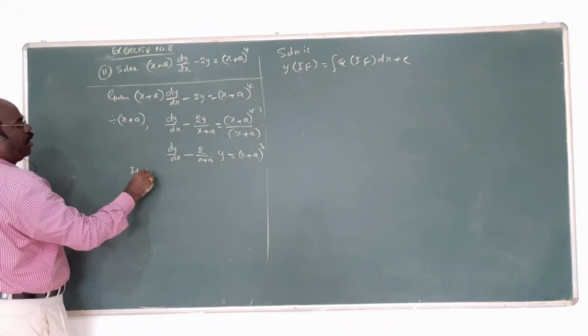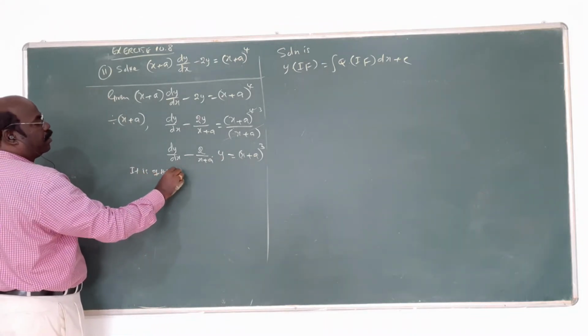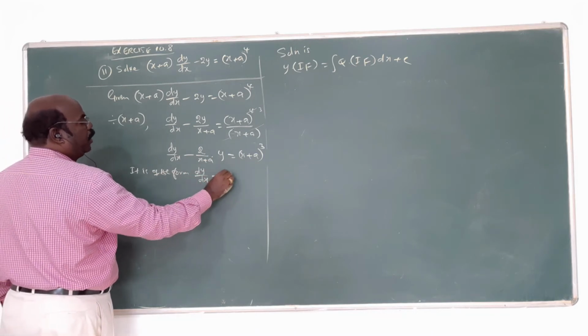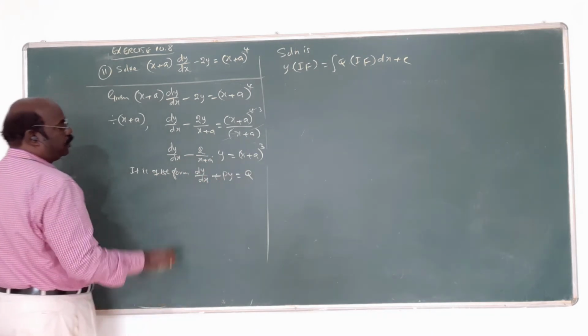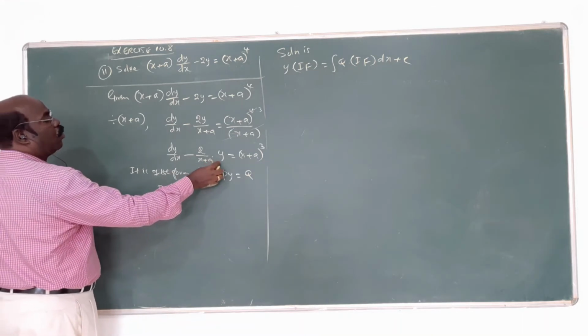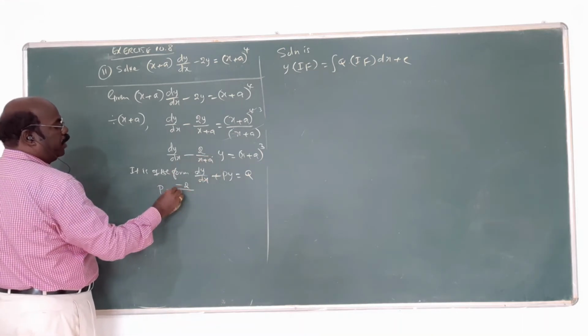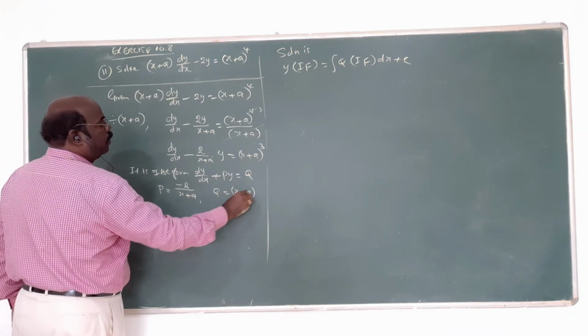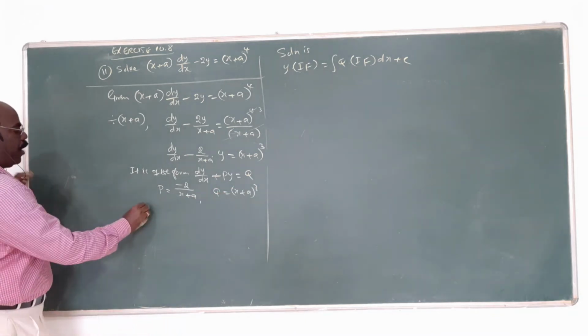Now it is of the form dy/dx + Py = Q. P, the coefficient of y, is -2/(x + a). Q is (x + a)^3. Now find the IF.